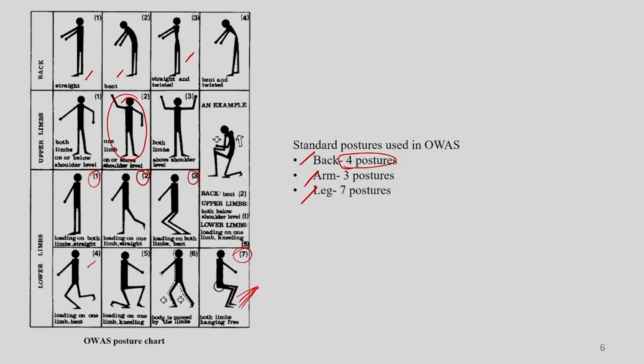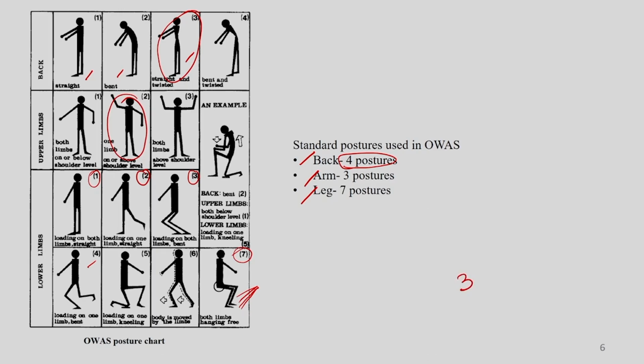Okay, so we have back, we have leg, we have arm. So these varieties. So what you have to do for a particular posture, once you decide yes this posture needs to be assessed, what you will do, you will check for back first. So suppose you have this kind of situation, your back is in this situation, so your back score is 3.